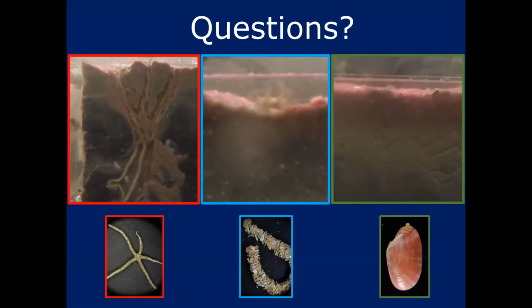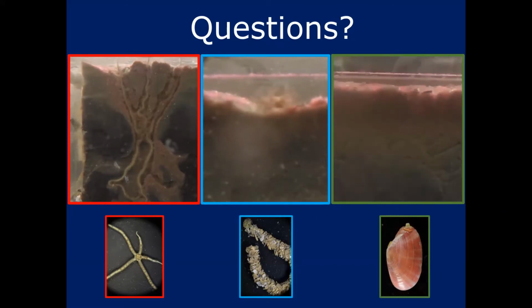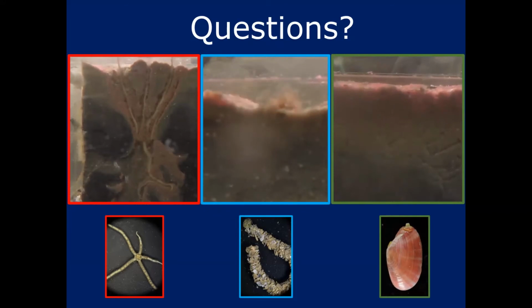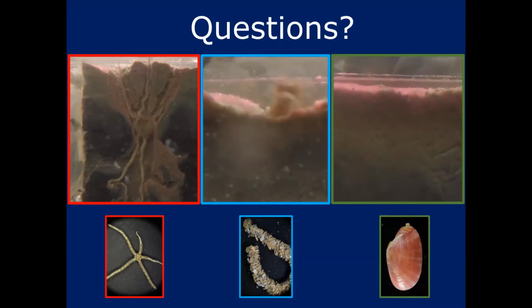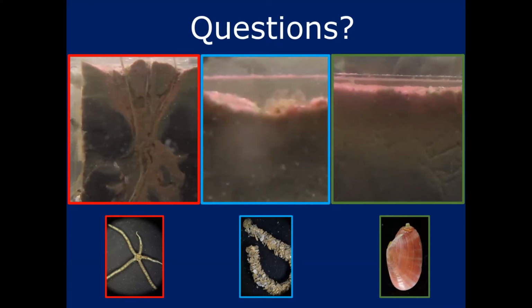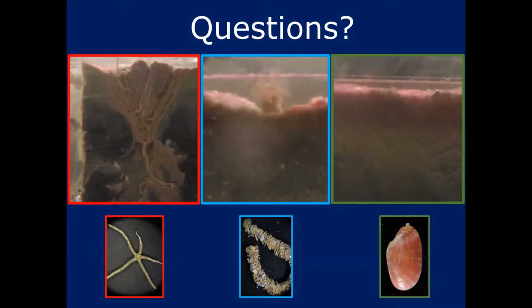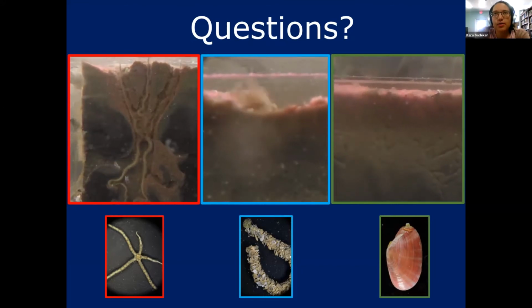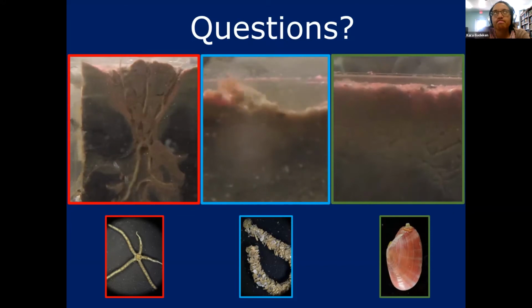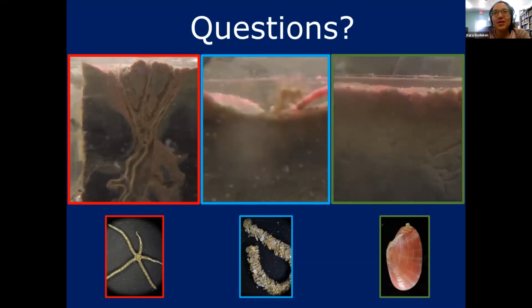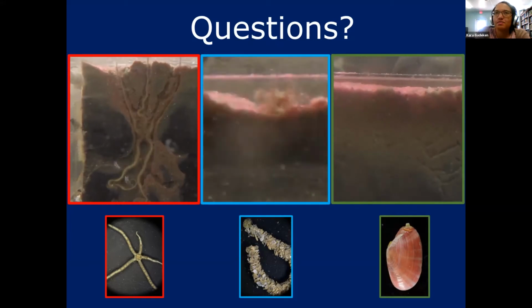Hey, Kara. Do you expect the results that you got to be conserved for animals that are burrowing in different types of sediment? So things that may have larger grain sizes, greater porosity, et cetera. Yeah, that's a good point. The simple answer is it would depend.